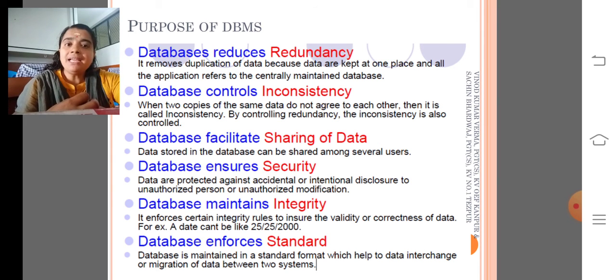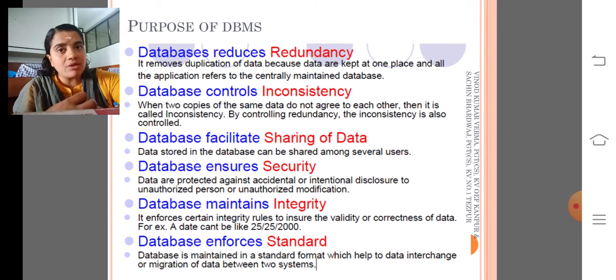Then, the fifth one, database maintains integrity. That means we can relate two or more columns or two or more tables in a particular database. It enforces certain integrity rules to ensure the validity and the correctness of data.